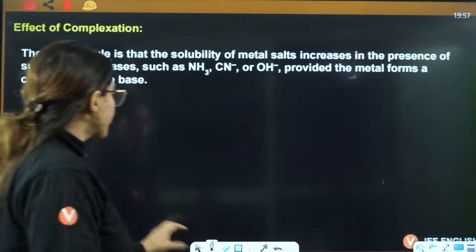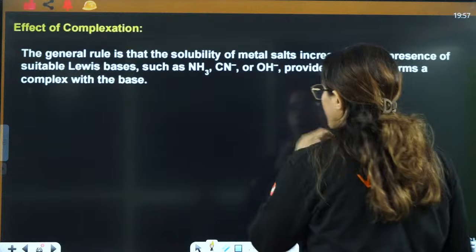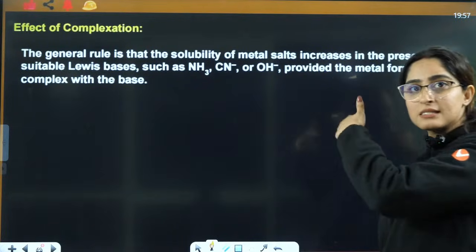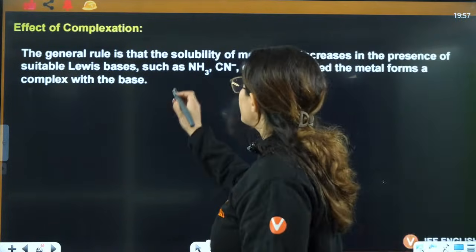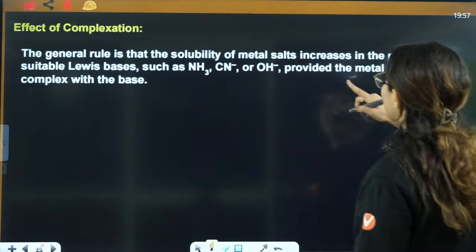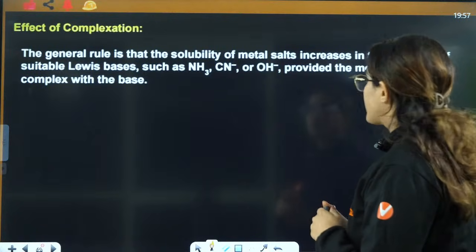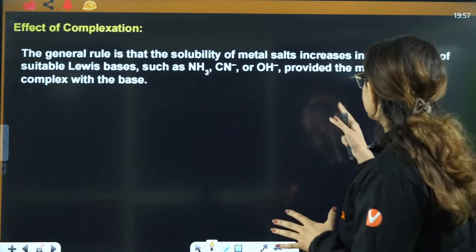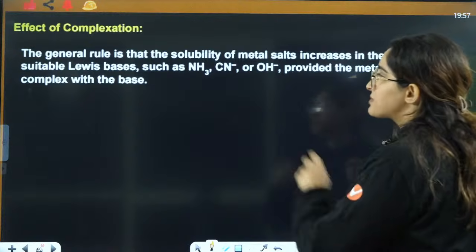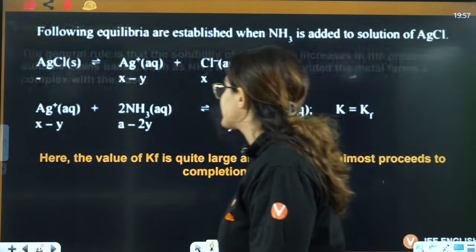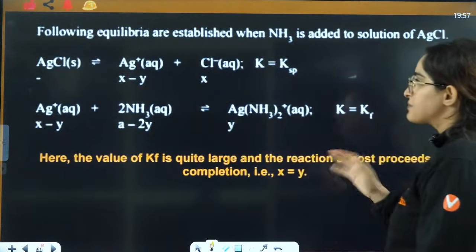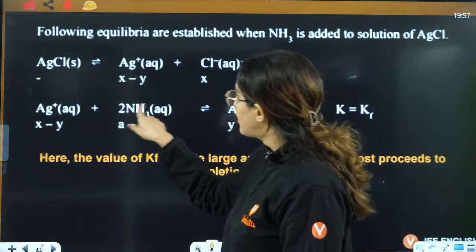Next is the effect of complex formation. We have just discussed that, right? Same thing. The general rule is that the solubility of metal ions increases in the presence of suitable bases, provided the metal forms a complex with the base. For example, same situation, you have ammonia.